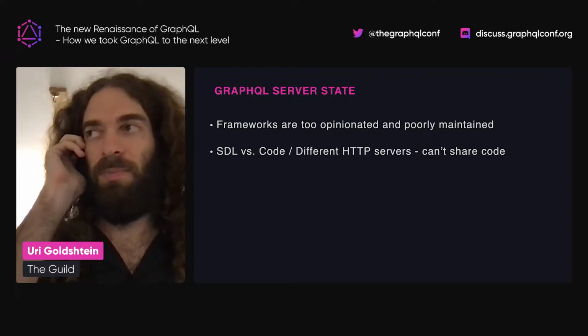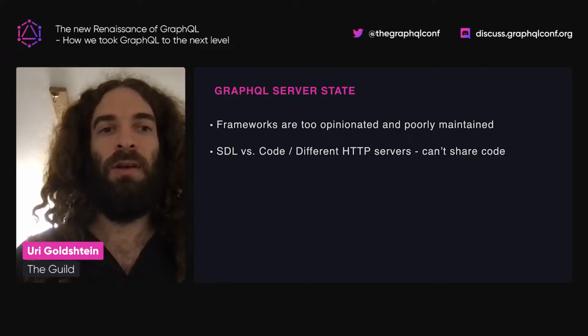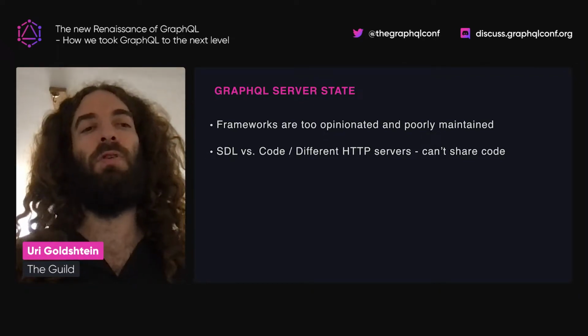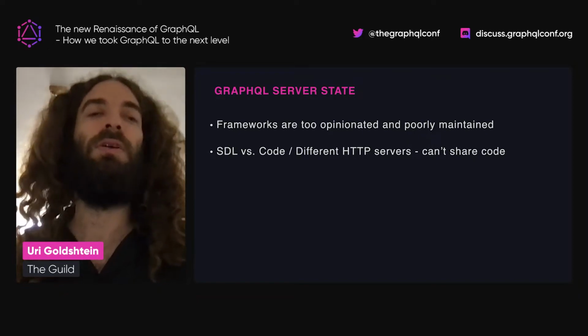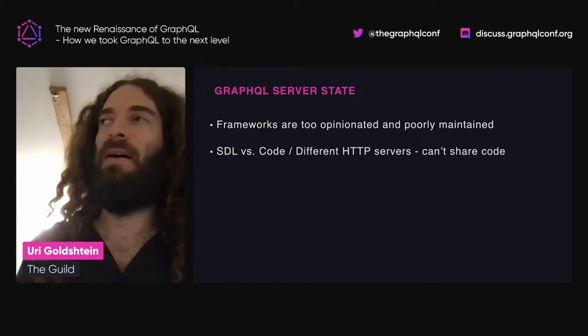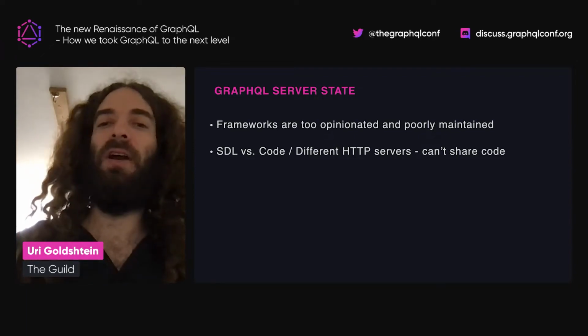And also there's a problem that you can't really share code with the current solutions. There are frameworks that work with SDL first and GraphQL Tools. There are frameworks that work with code first and Nexus. And those are different frameworks.